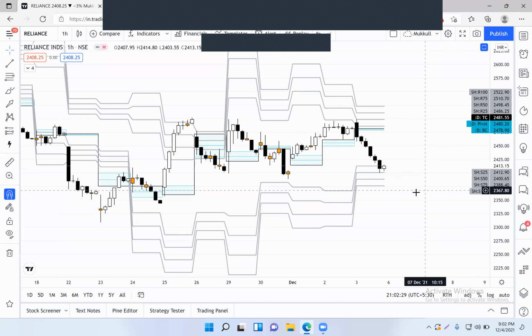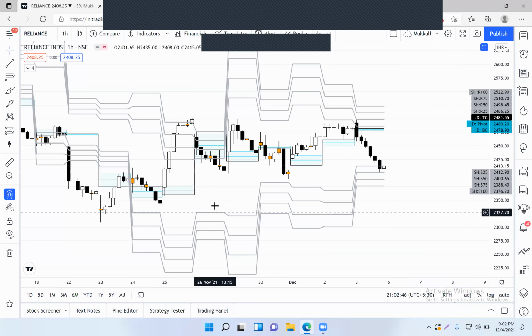Right? For example, someone entered here, and price came till here. Someone said that no, I will keep this particular stop loss just to be safe. So this is 76, and this is somewhere around 46. Consider that 30 points for stop loss.